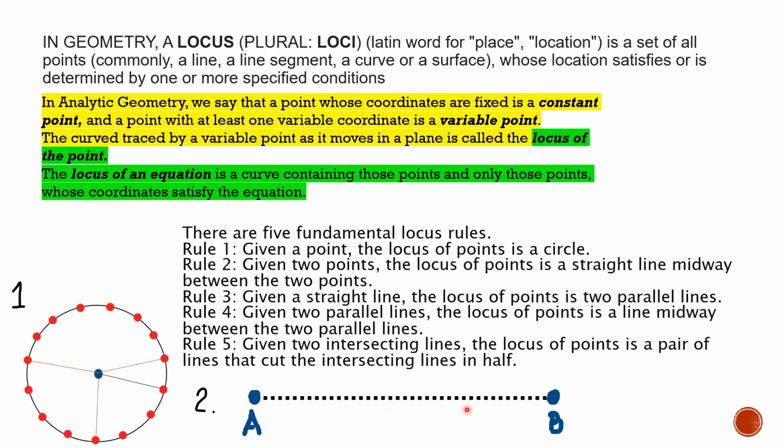Pwede pa itong dagdagan, hanggang maging line siya. Okay? So, tandaan nyo lang, kapag ang given ay point, ang locus of points is a circle. Kapag given ay 2 points, the locus of a point is a straight line.